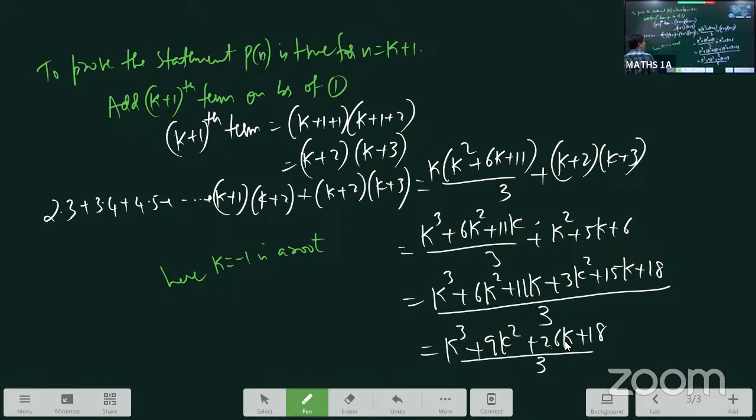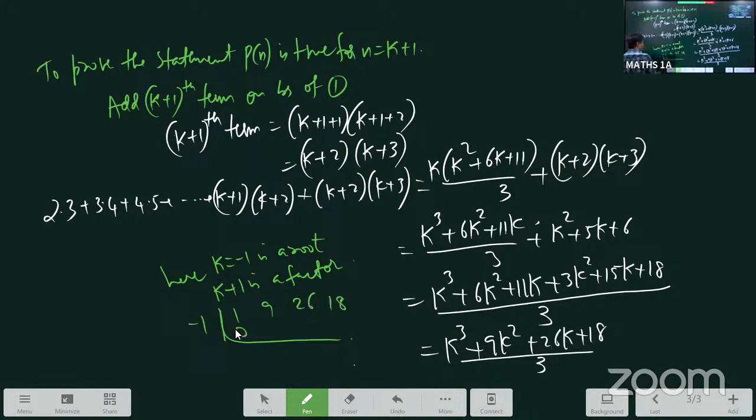k equal to minus 1 is a root, means k plus 1 is a factor. Then by using synthetic division, k equal to -1 is the root. 1, 9, 26, 18.